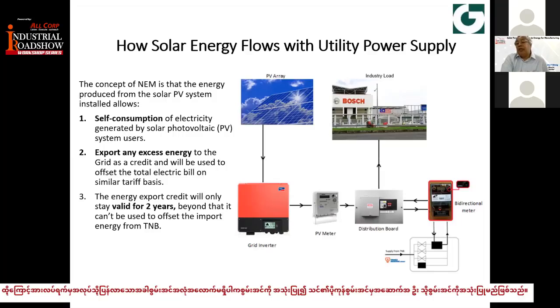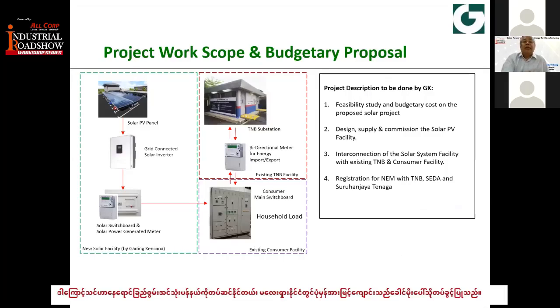So tomorrow, when you come back to work, you use the energy. In case you don't have enough energy, then the energy will be used from your export energy to offset the bill from the utility.